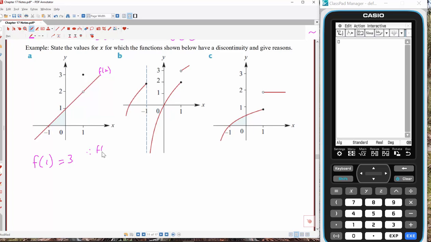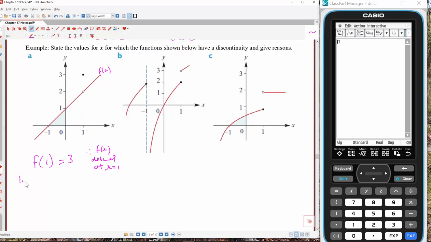Therefore, f of x is defined at x equals 1. That's a good sign. For the function to be continuous, it has to be defined. By the way, I know that there's a discontinuity here. I know that this isn't a continuous function, but I need to give reasons why. Now what we're going to do is test the limit for the function at the point x equals 1, because this is where the discontinuity is.